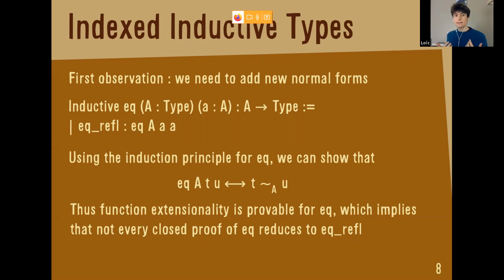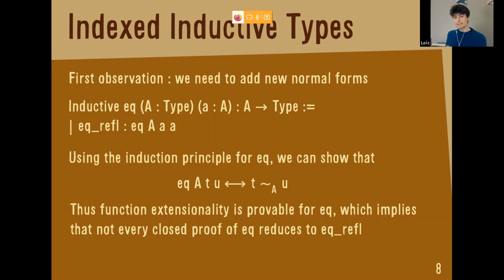For instance, we can use the scheme of indexed inductive types to define the inductive equality, which is just the usual definition. And using the induction principle for this inductive equality, we can actually show that it is equivalent to the observational equality. It's usually what happens when you have two different notions of equality in the same theory.